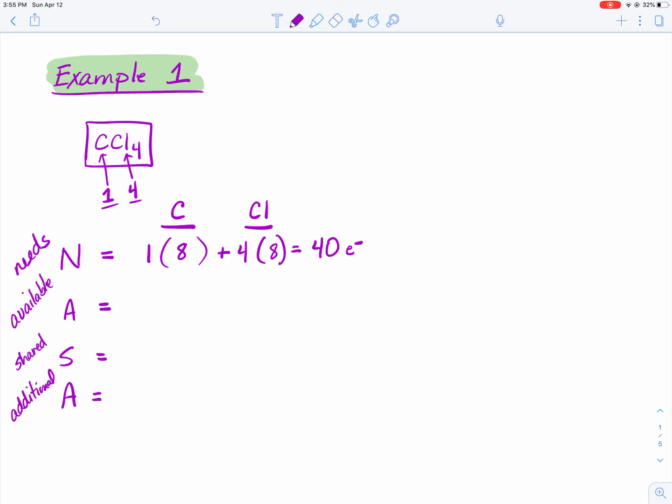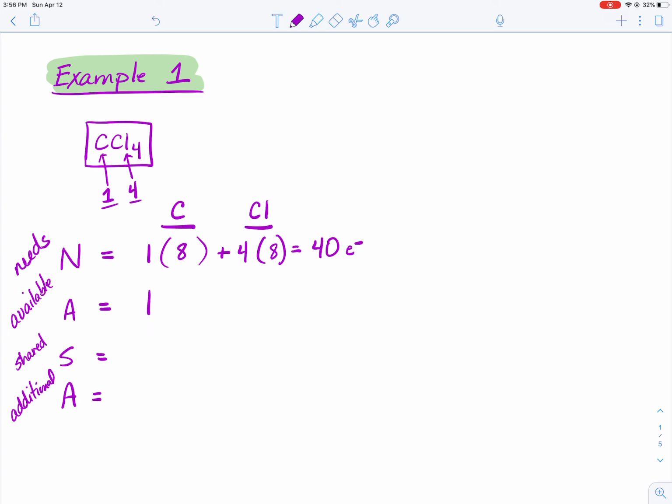Then we're going to go to our next row, the available row. What we mean by available is how many valence electrons it has available to bring to the formula itself. For the valence electrons, you can do your orbital diagram or your electron configuration, or you could just look at the group number of where that element happens to be.